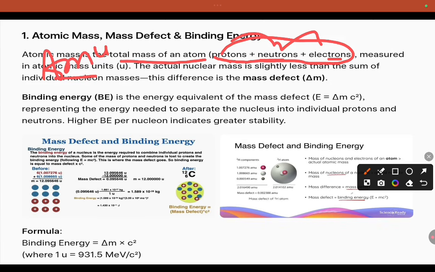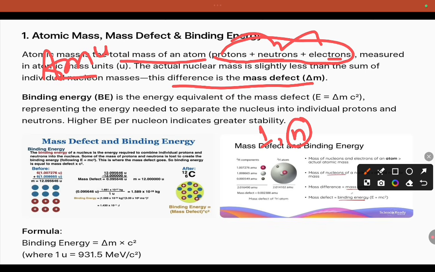The actual nuclear mass is slightly less than the sum of the individual nucleon masses. That is called mass defect. For example, we have hydrogen. In hydrogen we have one proton, one neutron.